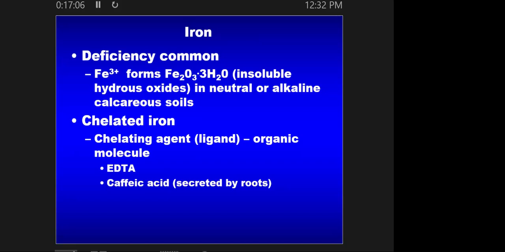And plants actually do that too. They will secrete out caffeic acid with the goal of getting access, especially to the ferric form of iron, and it chelates it and stabilizes it, and then they can bring it into the roots.